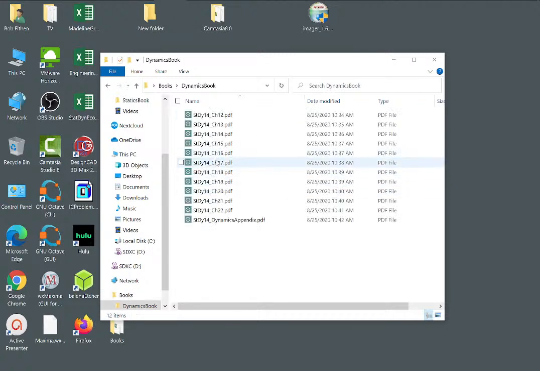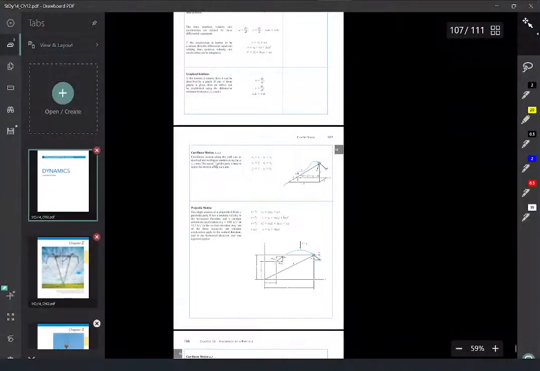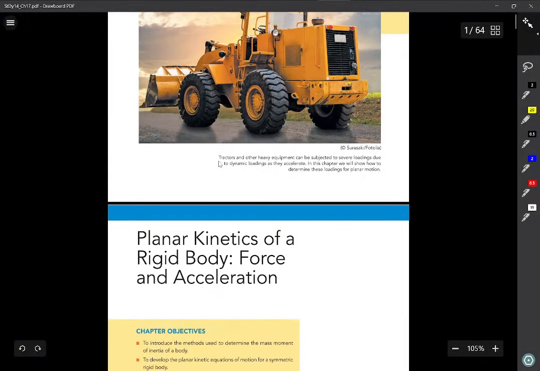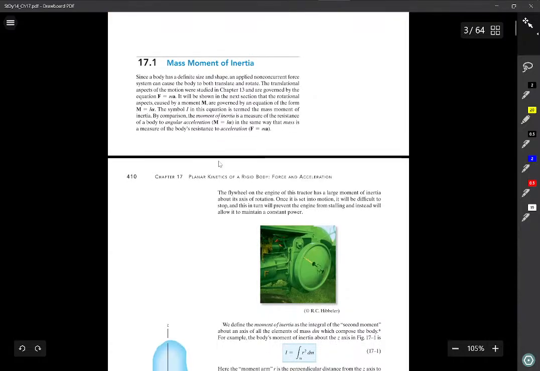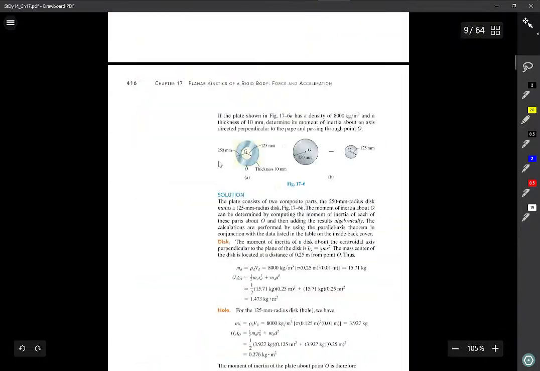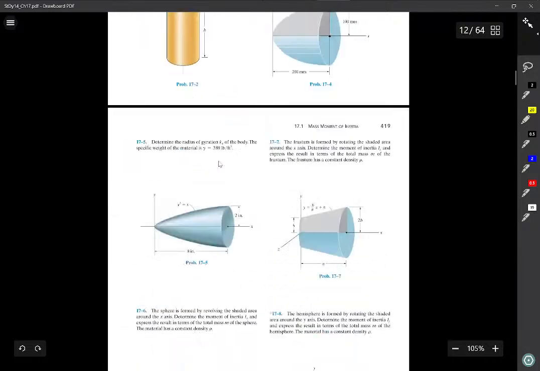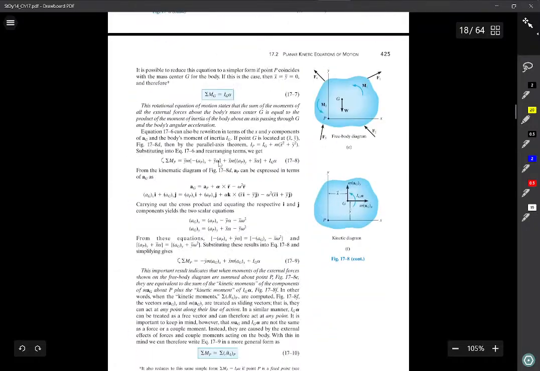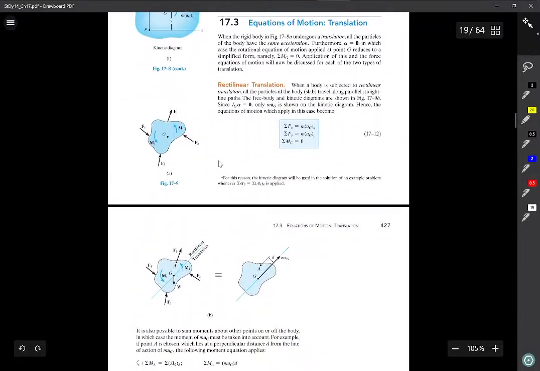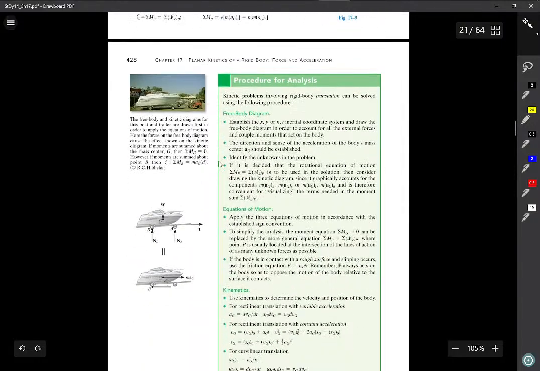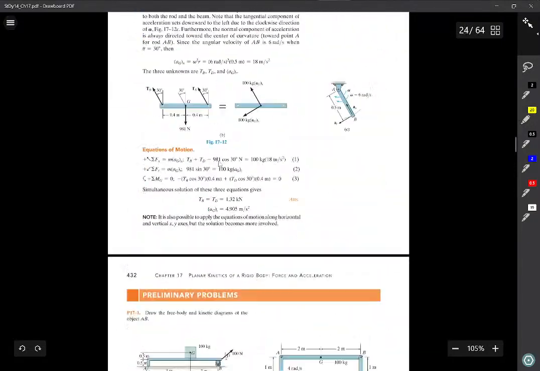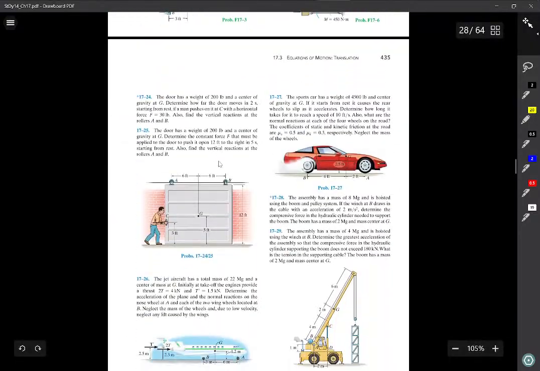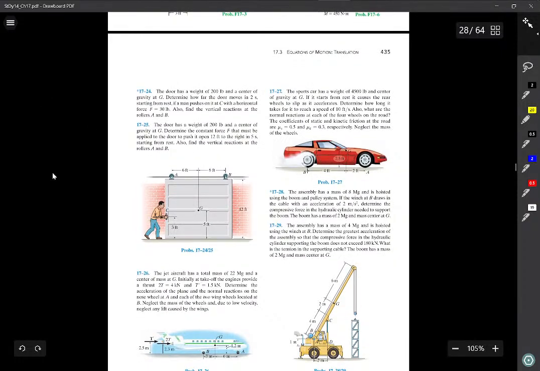Okay. Thinking it's 17, but I may be wrong. Yeah, but let's get down past this. Okay, no, no. We may need to go back to 16.